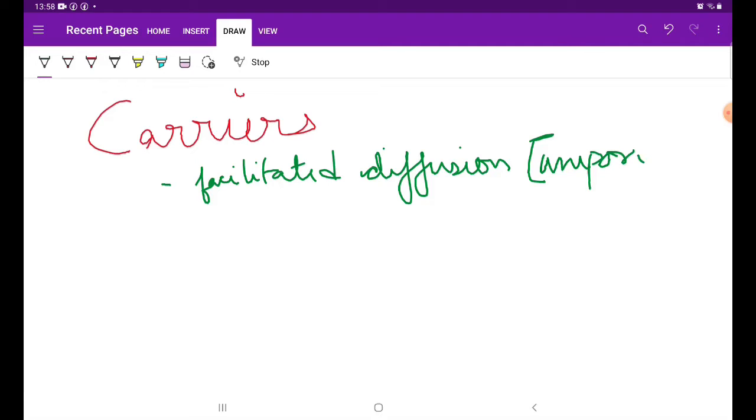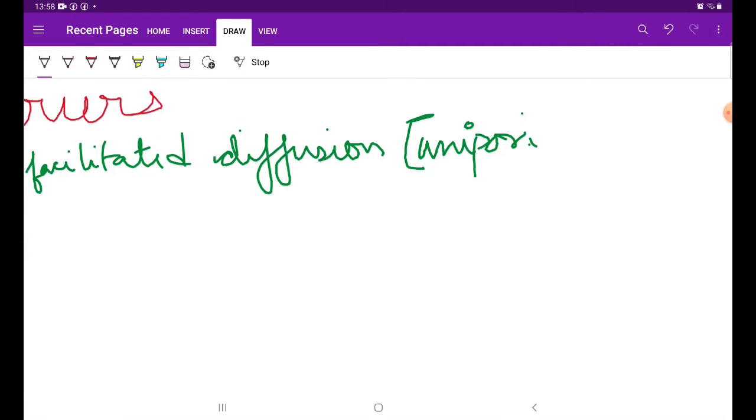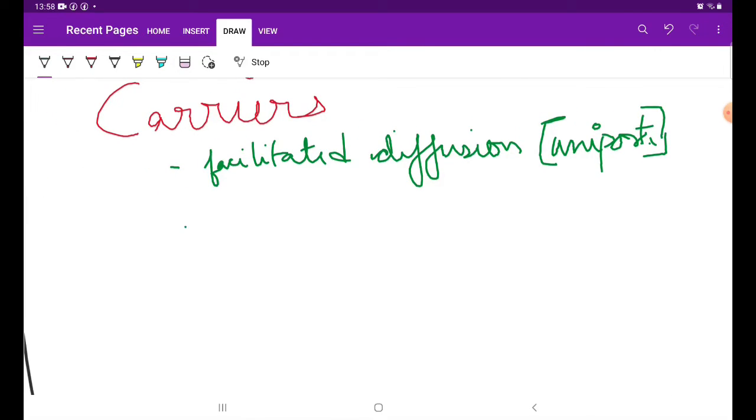That means it moves in only one direction. That is the meaning of uniport. And it also acts as a secondary active transport.